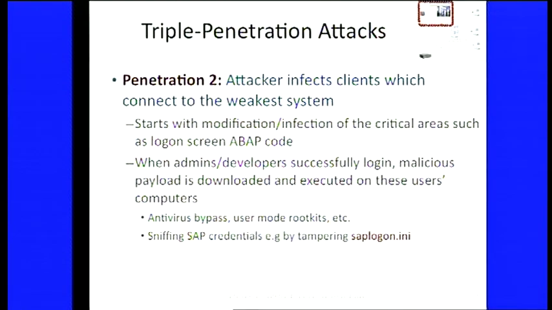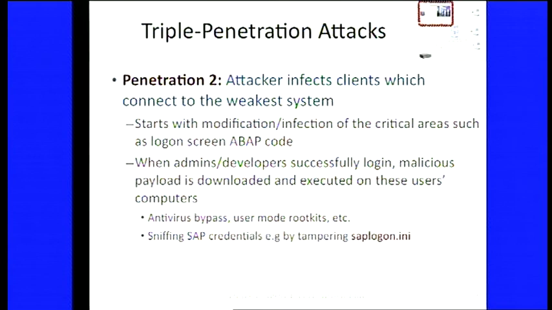The second penetration is what I showed with the Pamela user, okay? The attacker writes some code, and when the clients connect to those systems, and since it's ABAP and he has the complete business logic, he can say only the managers, only this business role, only the users in France. This is possible.